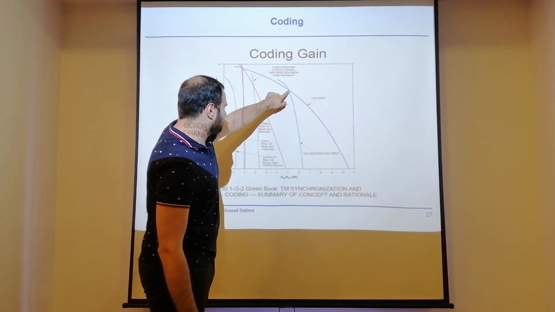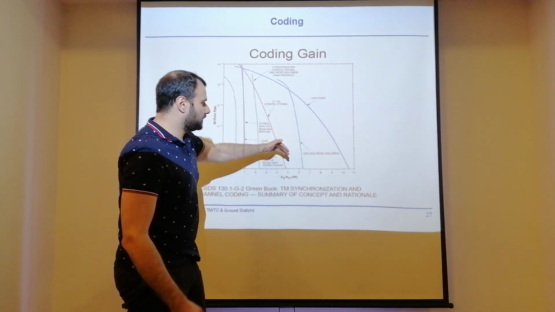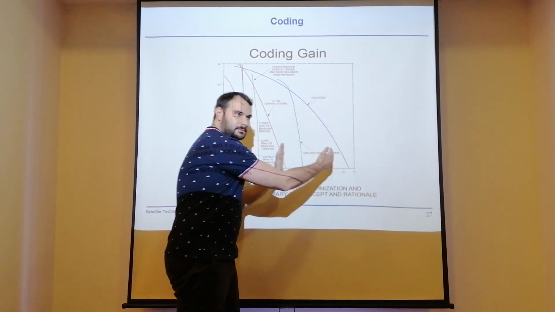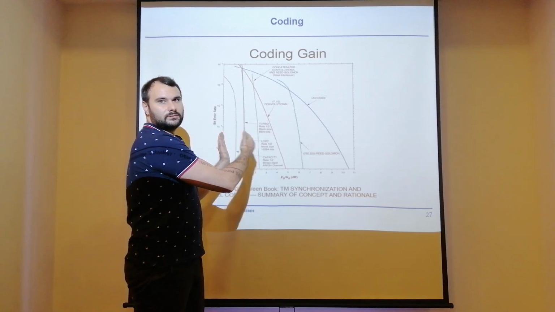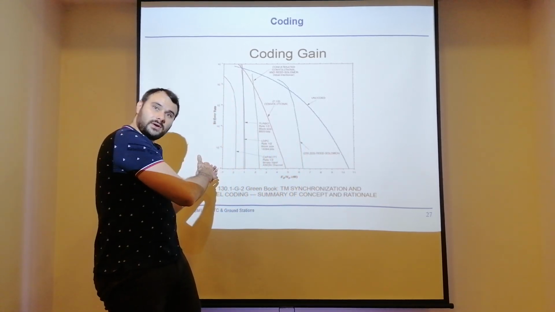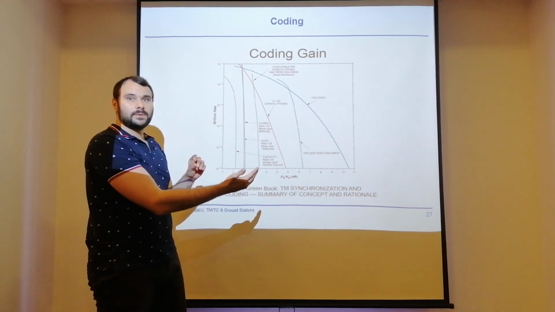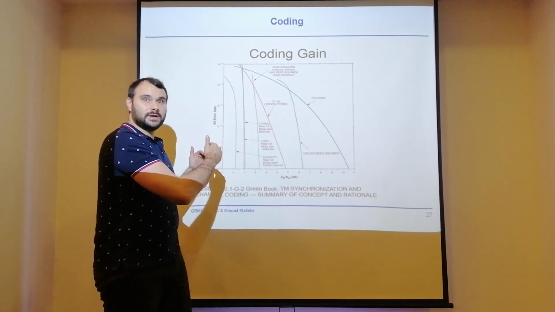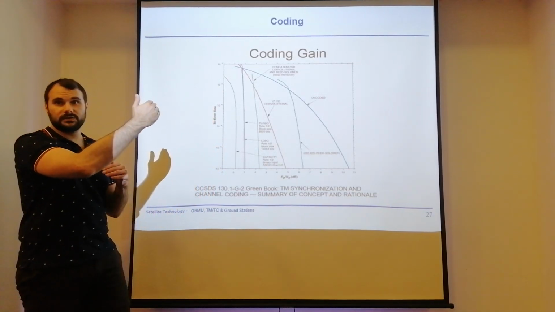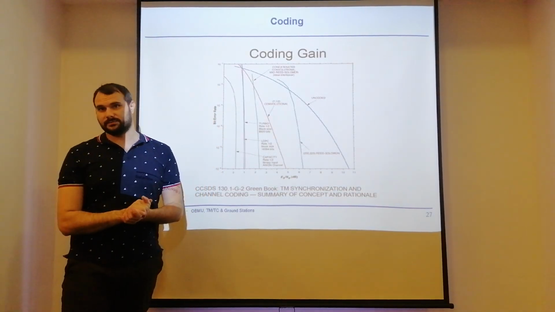We're here at 6, it's almost a point, but you get the point. You need less margin with the coding gain involved. So if you have the same link margin with a coded and uncoded link, the coded link will give you a higher link quality and a lower bit error rate at this point.